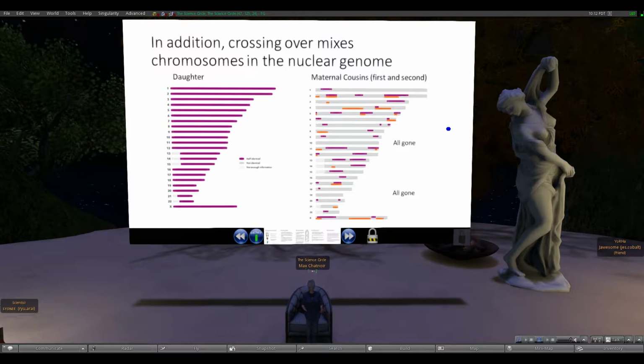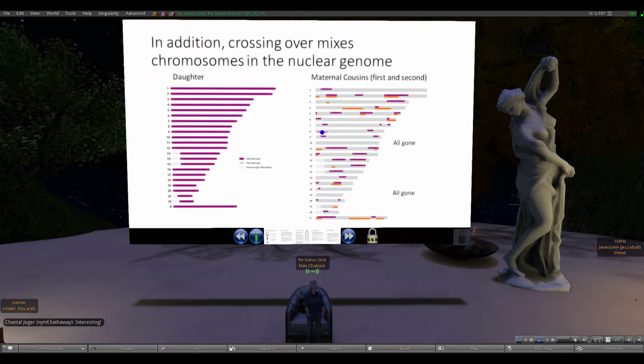And so these little bits are the part that I have in common with my first cousin, and these little bits are parts that I have in common with my second cousin. So the first cousin is sort of magenta, the second cousin is sort of orange. So you see that it dilutes out very fast when you're looking at the nuclear genome.